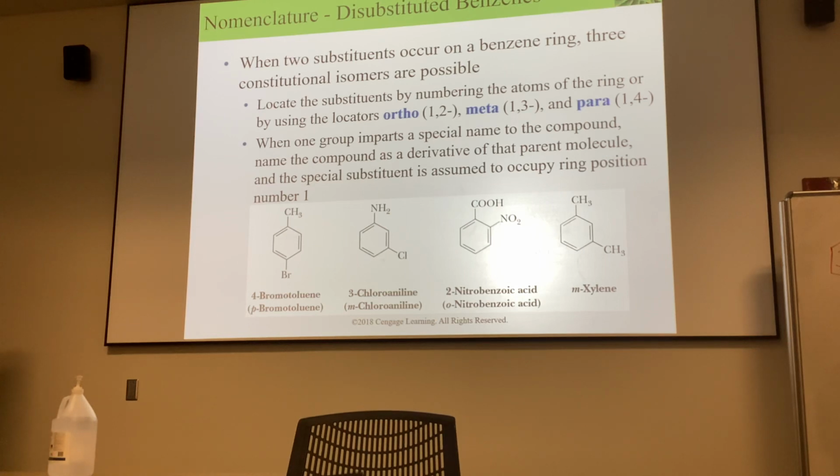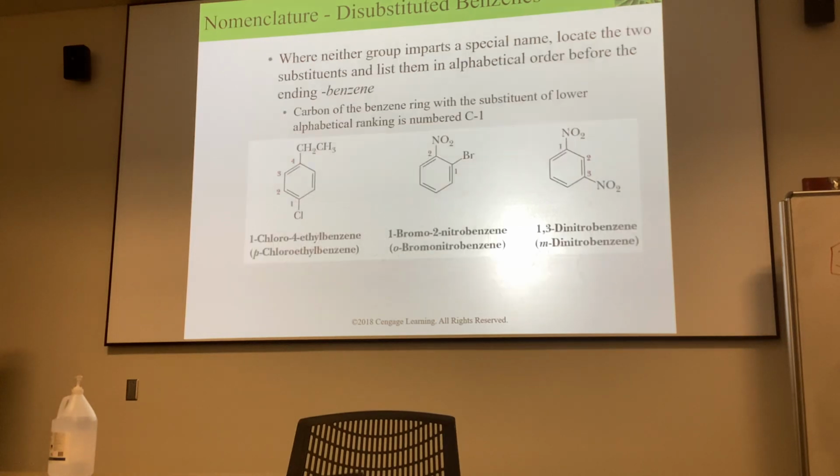When things don't have the special grandfathered-in names, we have ortho, meta, para for disubstituted benzenes. If we get to trisubstituted, then we don't have special names and you just number them. That's fine, whatever.